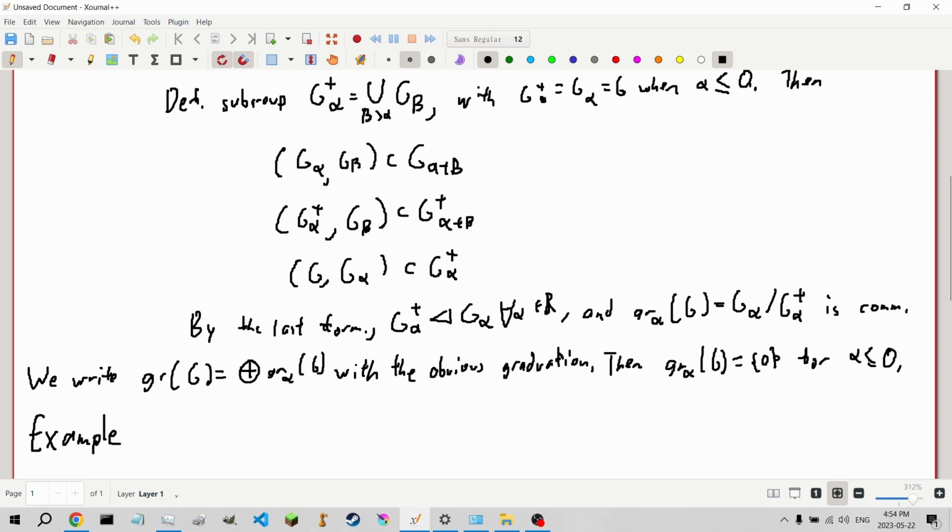Now let's look at an example of a central filtration.